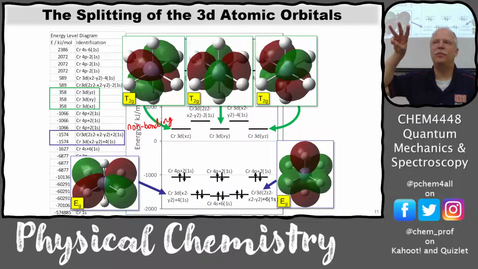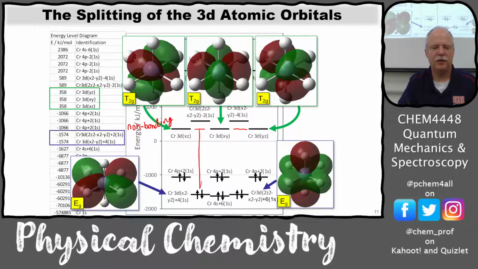And so they stay triply degenerate, and they pretty much stay where they are in terms of energy. It was these other d orbitals that dropped. If these were 5 degenerate orbitals, when we interacted with those hydrogens, these dropped in energy, and these pretty much stayed where they are. So that's that d orbital splitting, where 2 dropped and 3 stayed where they were.